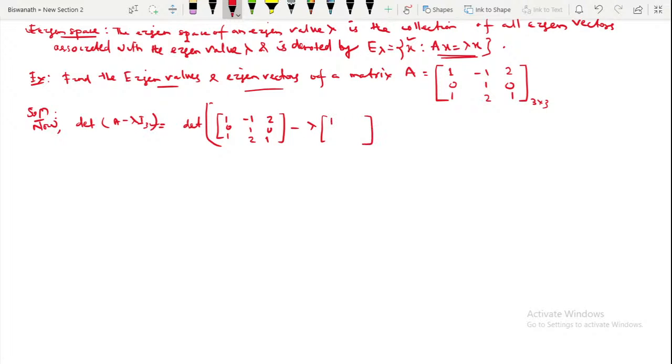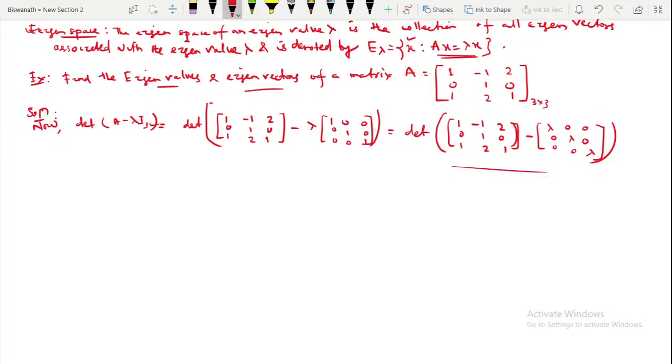This is the determinant of A, which is 1 minus 1 2, 0 1 0, 1 2 1, minus lambda times the identity matrix, which is lambda 0 0, 0 lambda 0, 0 0 lambda.